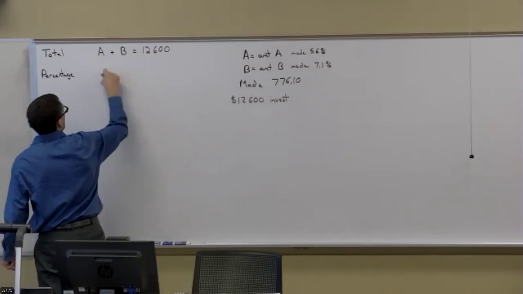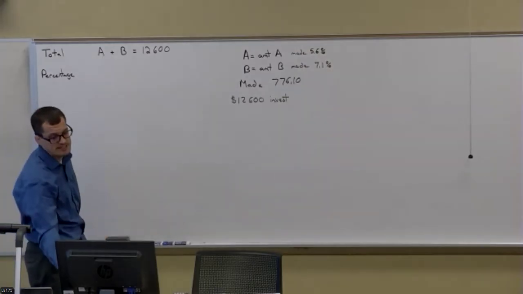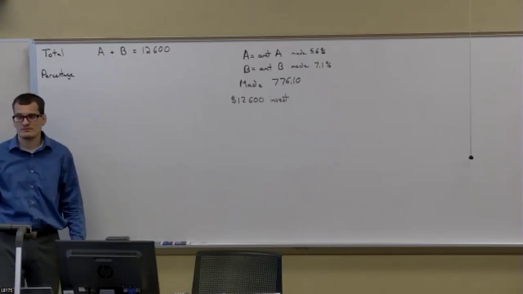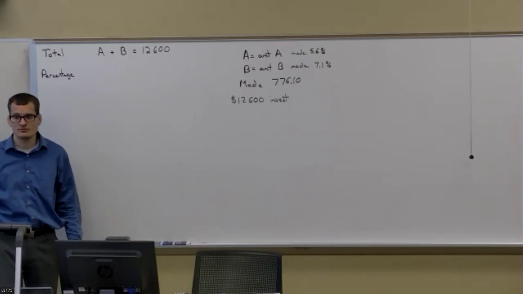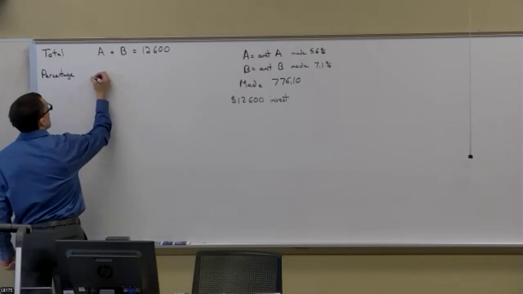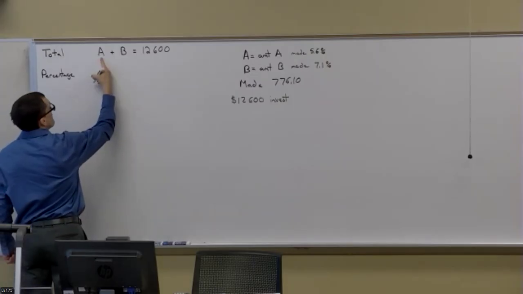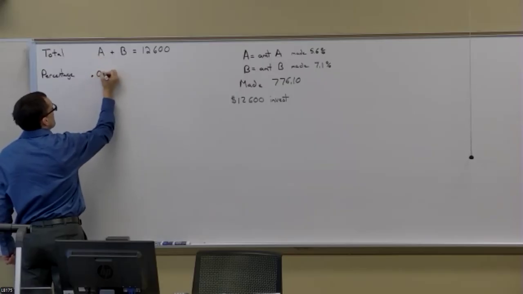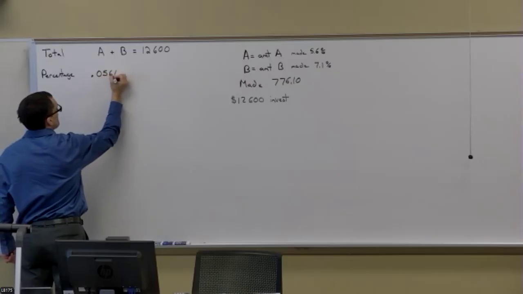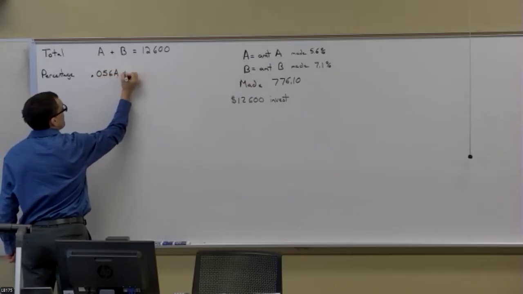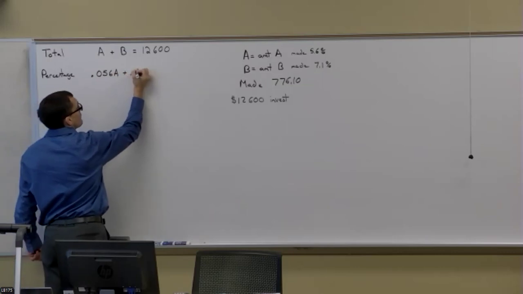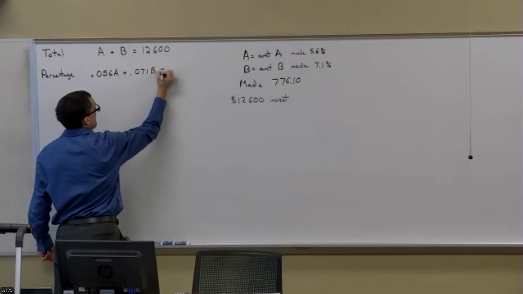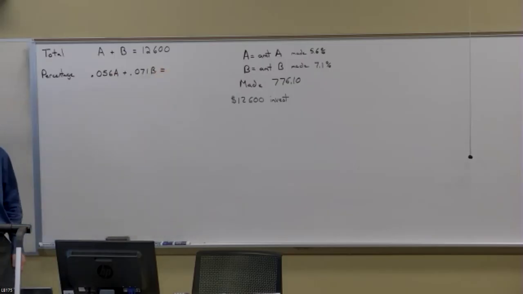So this percentage equation is basically going to be an equation for how much was earned, or how much was made. So on the investment, however much I put into A, this person is going to earn 5.6% of A. They're also going to earn 7.1% of B, however much was invested into B.